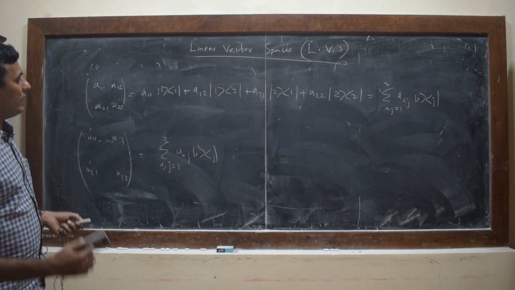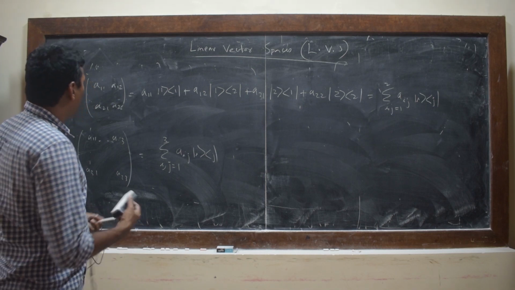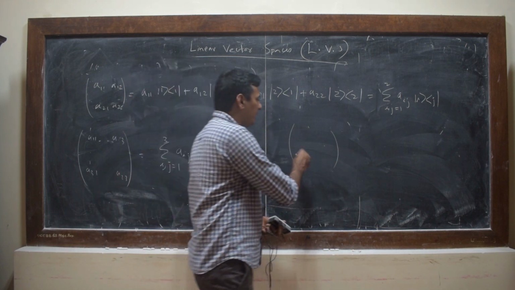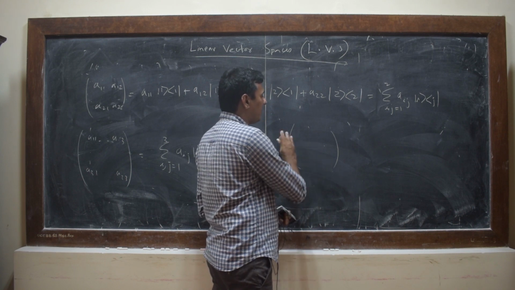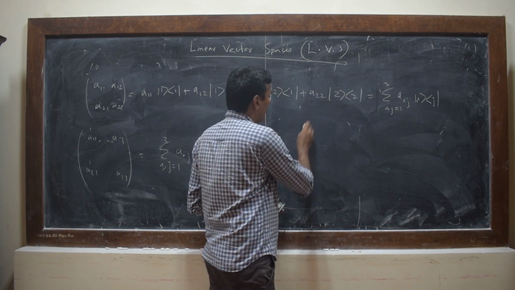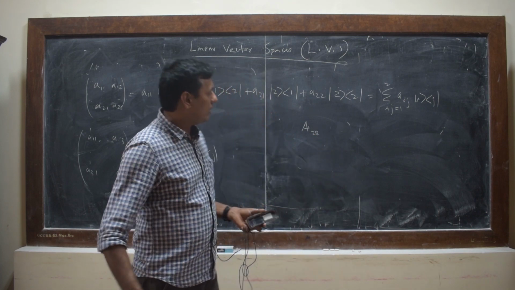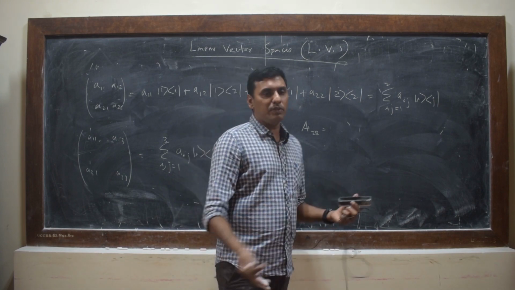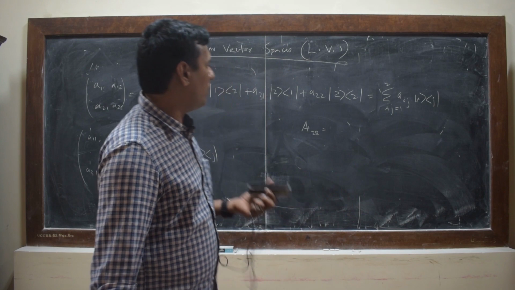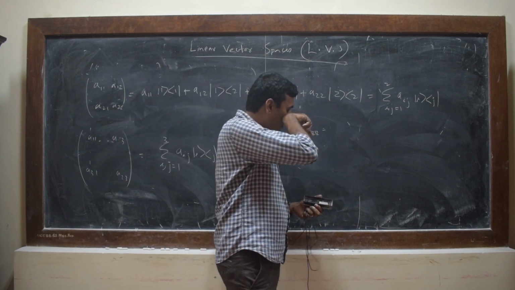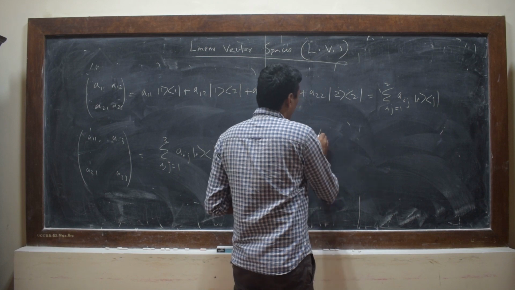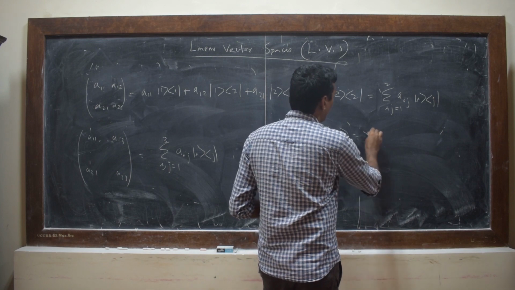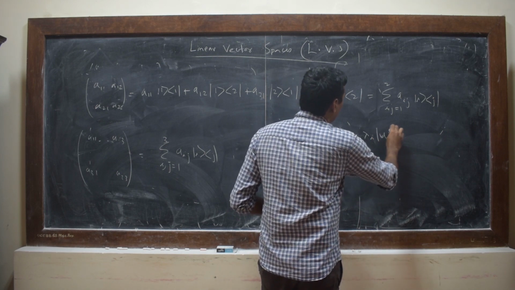All right, and suppose that now you have a matrix, and you know how to find the eigenvalues of the matrix. Suppose A is a 2 cross 2 matrix. You can find the eigenvalues of this matrix and then you can find the eigenvectors also, and then take the normalized eigenvectors. The eigenvectors will be like this: A acting on ui is equal to lambda i ui. Okay.